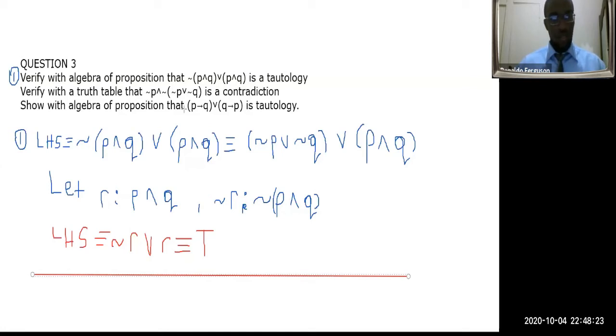So we have P, we're going to need P, then we're going to need not P, then we're going to need Q, oh, we left out Q, my apologies.